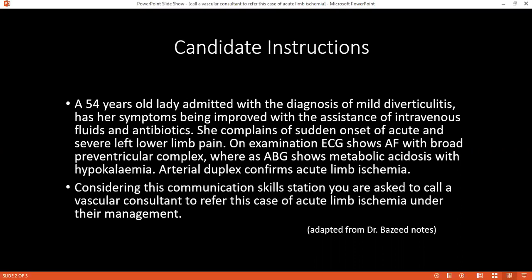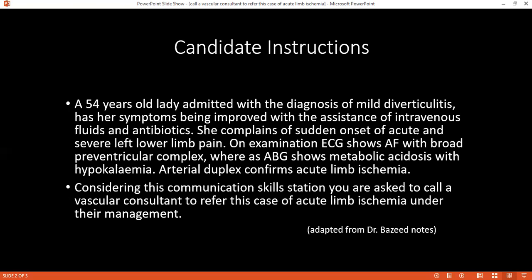Well, I think that the limb is much more serious than consulting the cardiologist right now. Yes, we do need a cardiologist for reviewing her later. But as she's having this electrolyte imbalance, hypokalemia, and metabolic acidosis, I guess the preventricular contraction is due to that. So yeah, we need a cardiologist, but it could be done later.